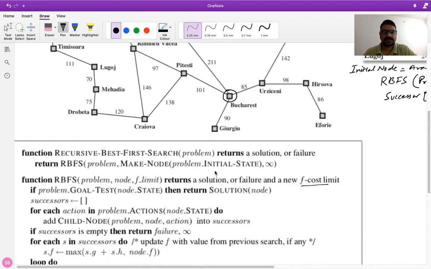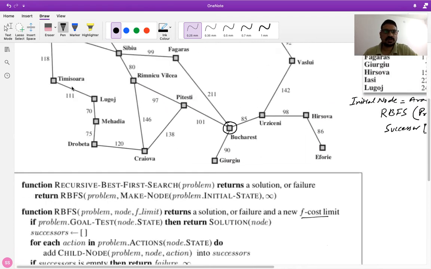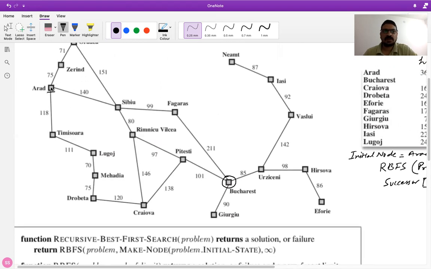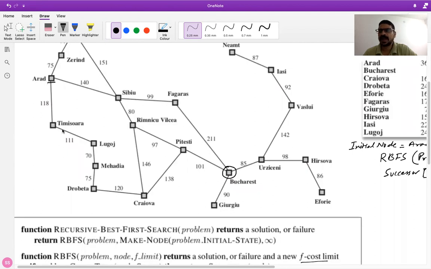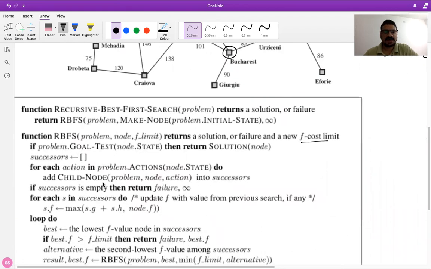Okay. Now, the next line is: for each action in problem dot actions, state node dot state. What is the node right now? I am in Arad. From Arad, I'll apply all the actions. So what are the actions we have? I can go from Arad to Zerind, from Arad to Sibiu, and from Arad to Timisoara. So I'll explore all the actions that I can take from one node to another, and after that I'll add all the children into the successor.